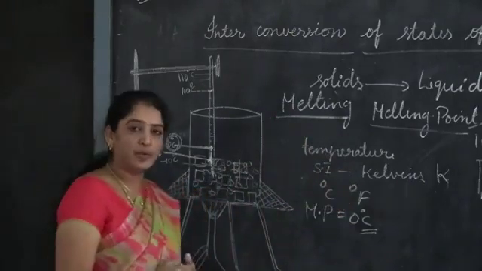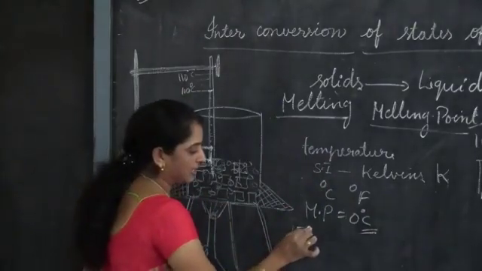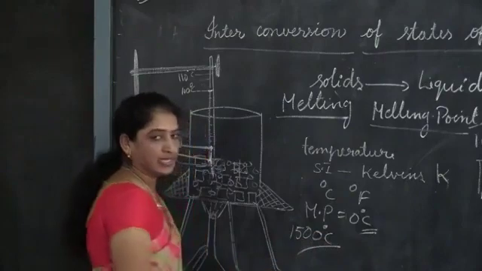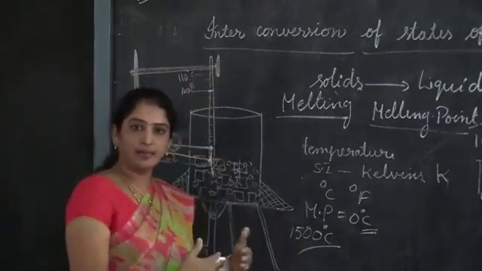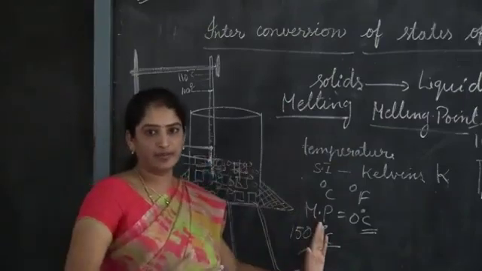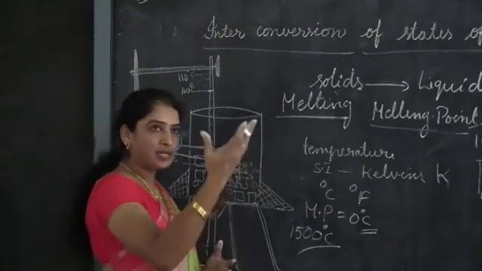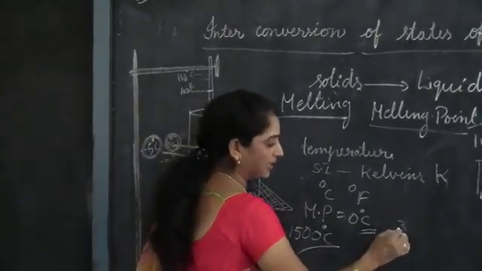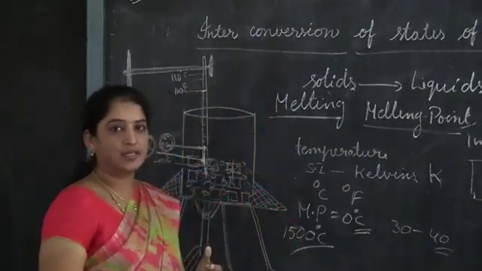So what is the melting point of metals generally, like iron? It is nearly 1500 degrees centigrade. At that temperature they can melt, that means they can convert from solid form to liquid form. So what is room temperature? Room temperature means the temperature of our surroundings, nearly 30 to 40 degrees, but it changes from season to season.